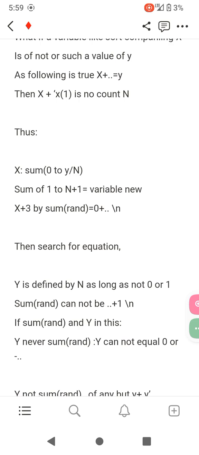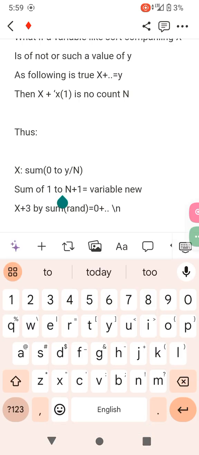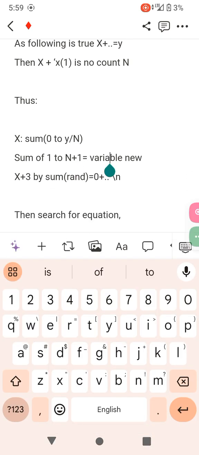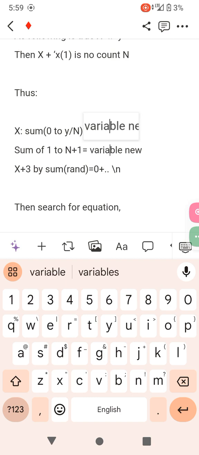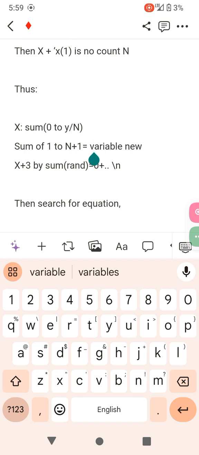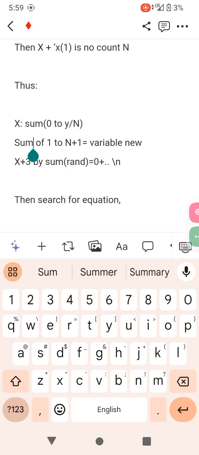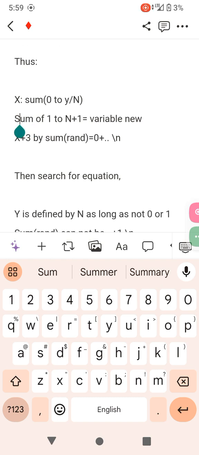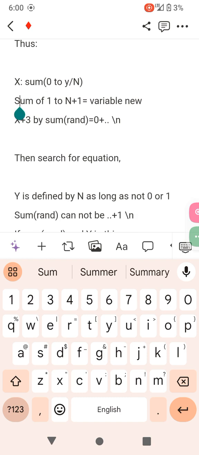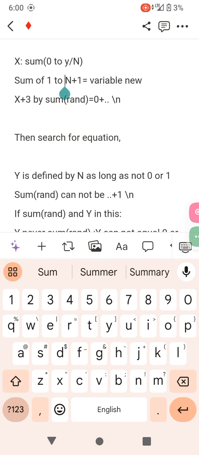But if y is calculated over the counter n, meaning n plus 1, this is where the new variable is needed, found by nullifying.